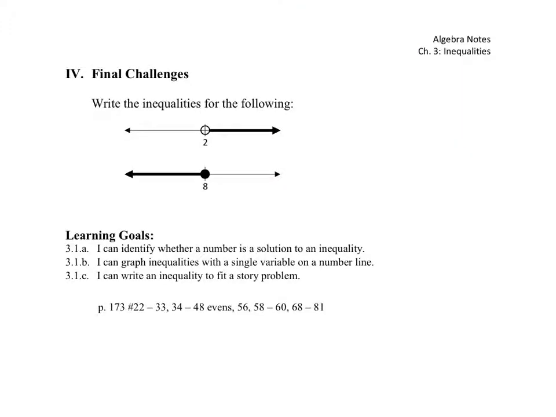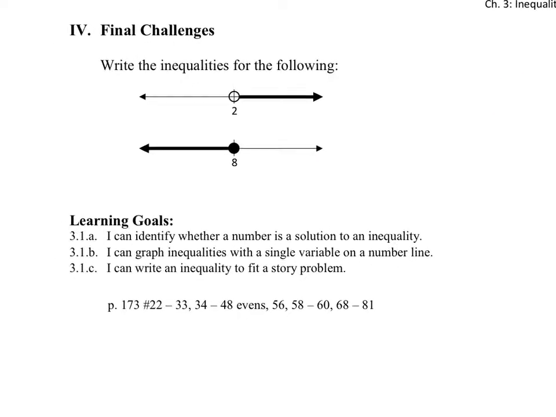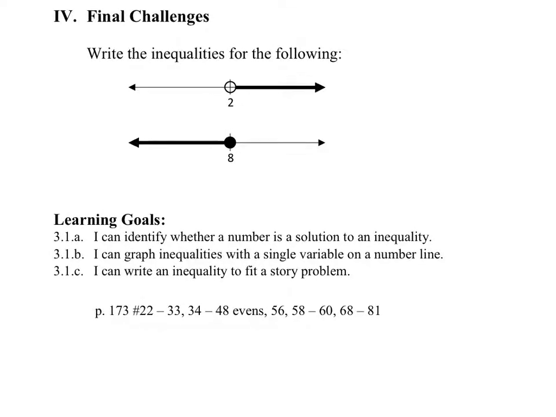Try those. Final challenges, the last things: now we'll give you this and we'll say, all right, what's the inequality? For that first one, we're going to have an x. So I just start by writing an x. The number that's going to be in this inequality is the number 2. Now, is it going to be an or equal to, or just a less than or greater than?